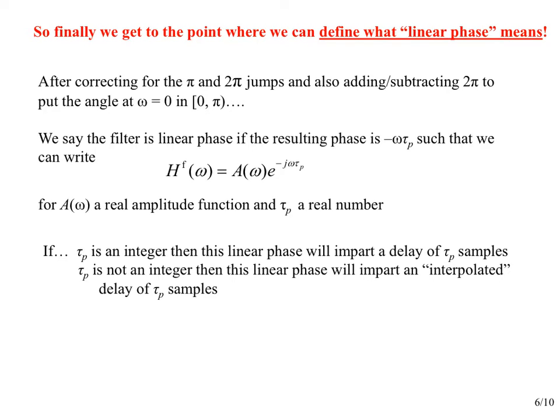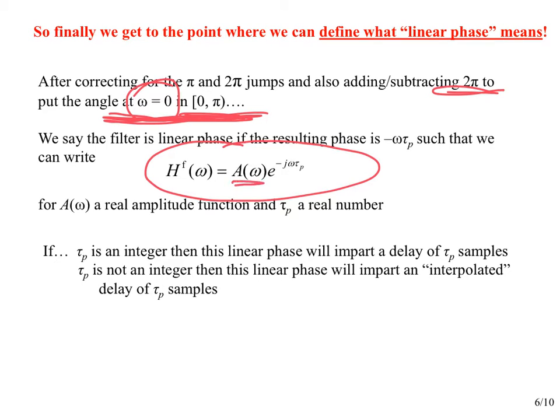So after correcting for pi and 2 pi jumps, adding and subtracting 2 pi to put the angle at omega equal to 0 back into the main range, we'll say that a filter is linear phase if the resulting phase, after all this work, in the numerical setting, but in the theoretical setting, if we have an amplitude that can be positive or negative, real valued, we can write the phase as just some negative tau sub p times omega.